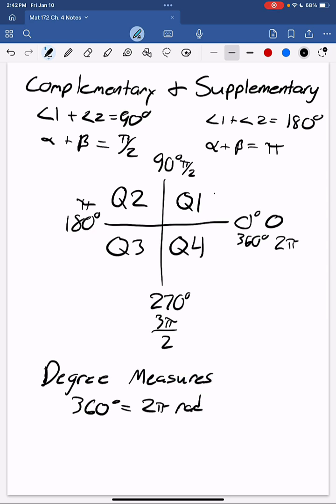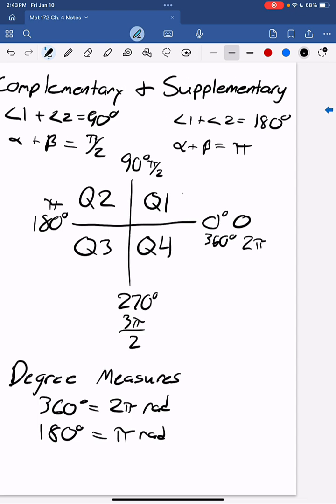And then 180 degrees is equal to pi radians. These numbers weren't just made up out of thin air. Knowing this, we can convert from degrees to radians and radians to degrees. Let me show you how to do that.